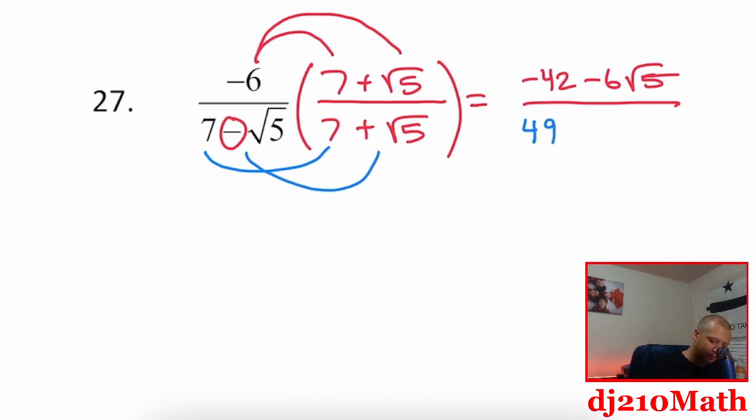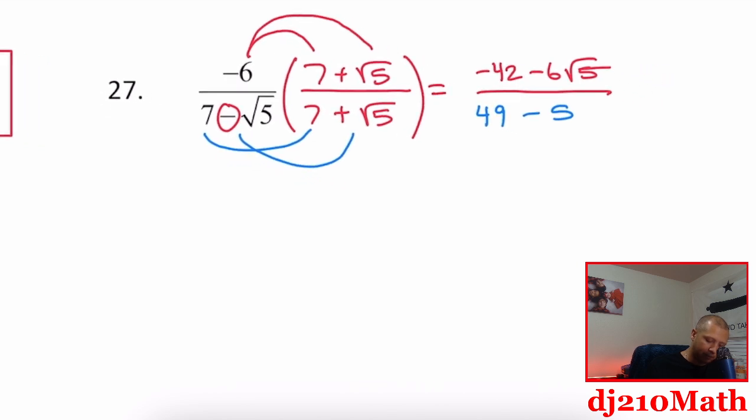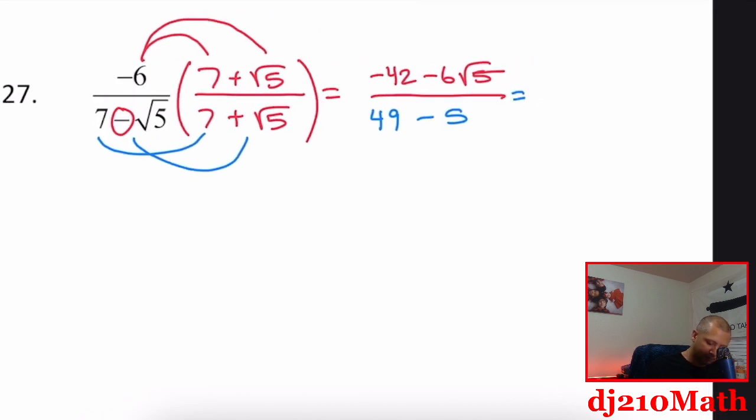Negative times a positive is negative. Root 5 times root 5 is 5. So this is going to be negative 42 minus 6 root 5 over 44.